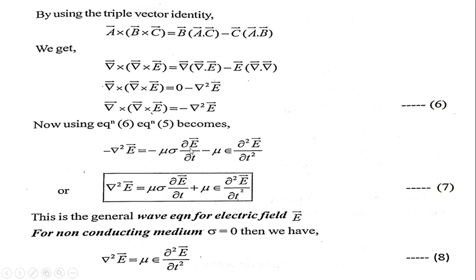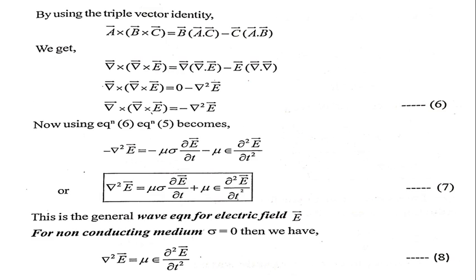Or del square E equals mu sigma delta E by delta T plus mu epsilon delta square E by delta T square, and this is the general wave equation for electric field E bar.